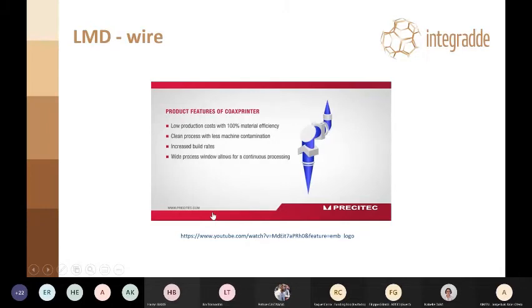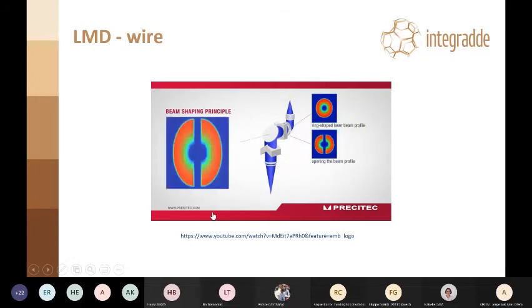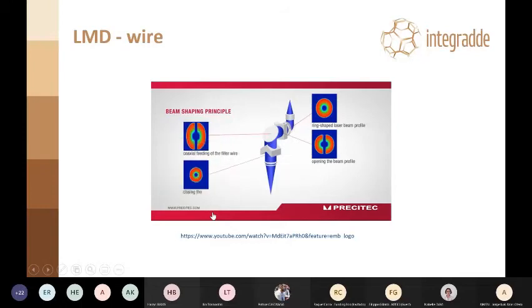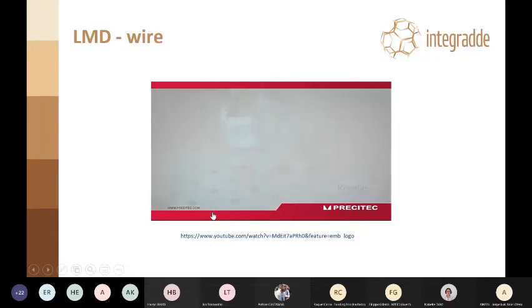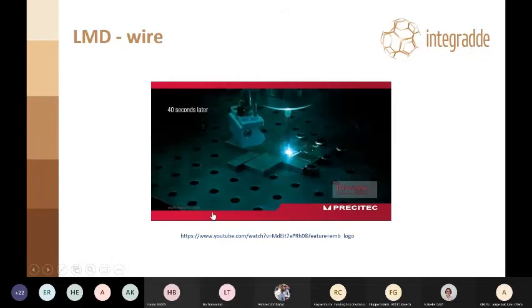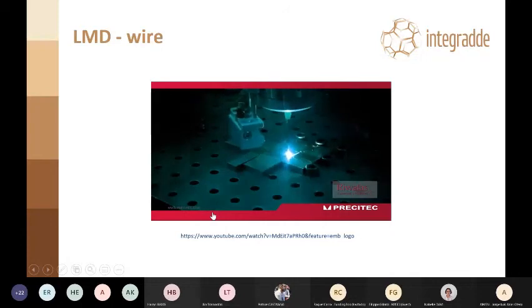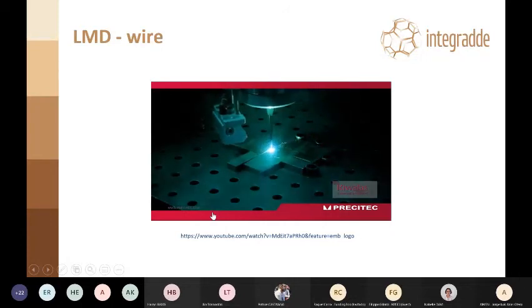In this case, what they use is a beam shaping to produce a laser beam that actually is a ring around the wire. As you can see, the wire is fed vertically, and the laser ring is produced on the same point over the base plate to melt the wire.